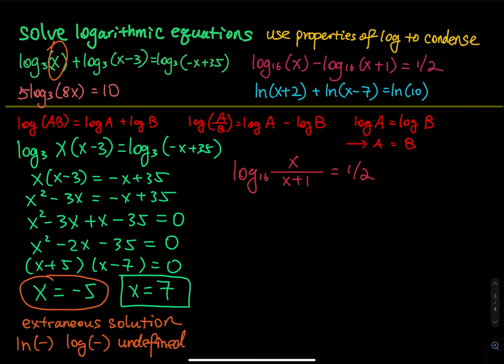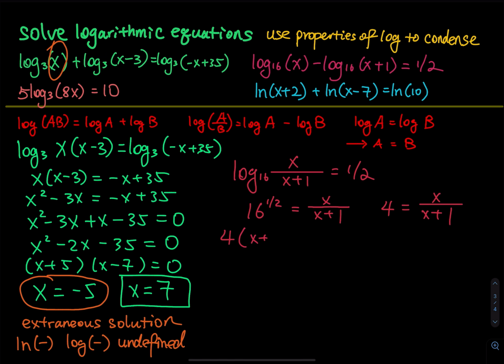But there is no log on the other side, so I will just put this in exponential form to eliminate the log. So this is 16 to the 1/2 equals x divided by x plus 1.